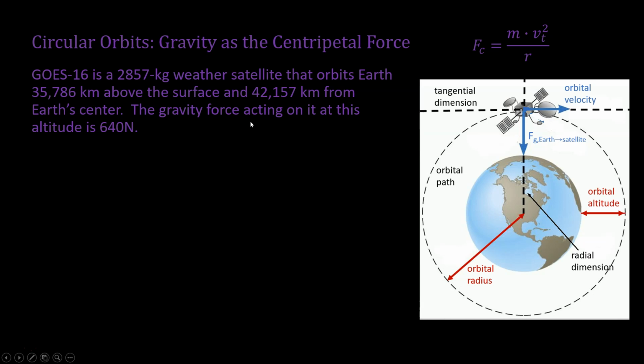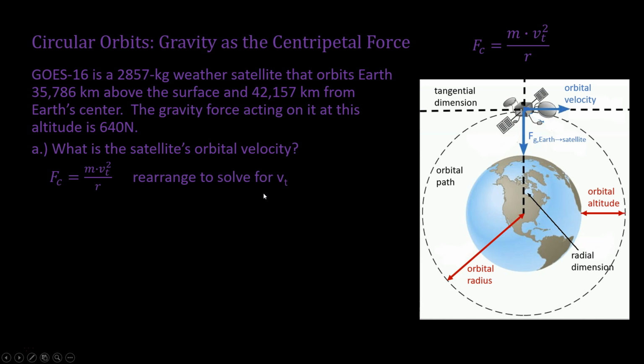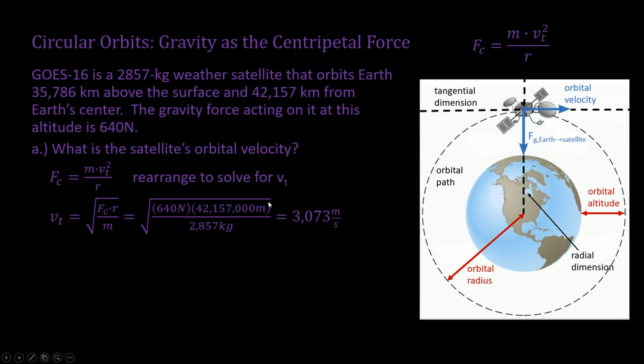The gravity force acting on the satellite at this altitude or orbital radius is 640 newtons. So in part A of this problem, we're asked to find the satellite's orbital velocity. So we're going to take our Newton's second law and rearrange it to solve for the tangential velocity. So we go ahead and rearrange it, and then we plug in our gravity force.